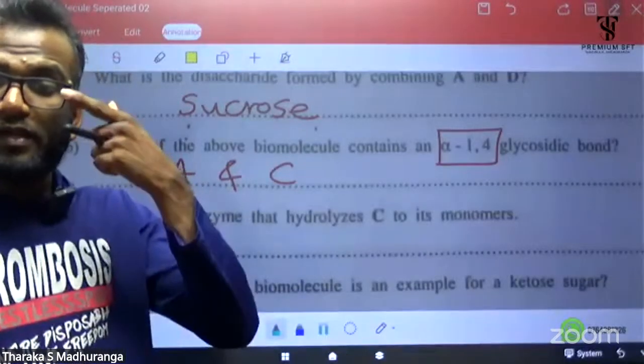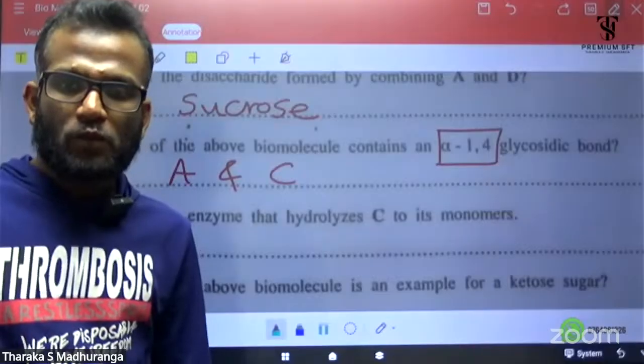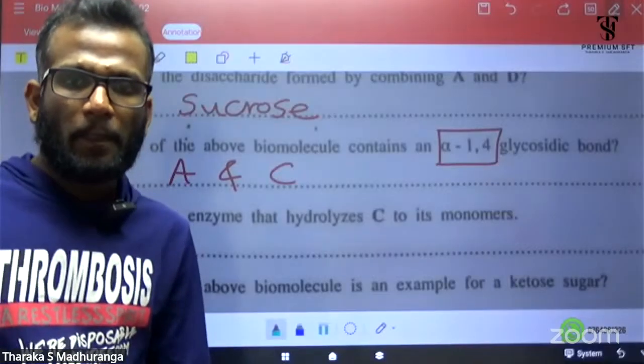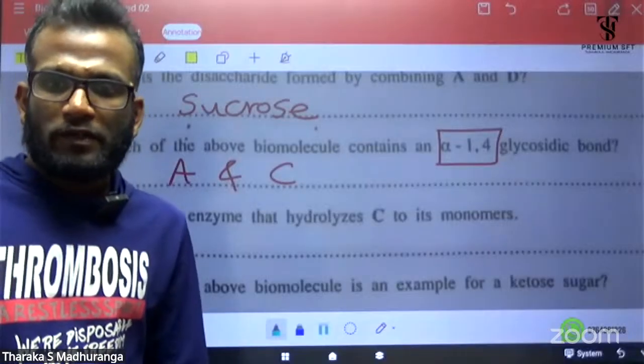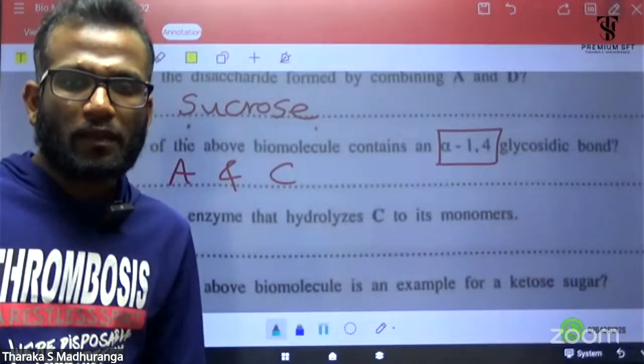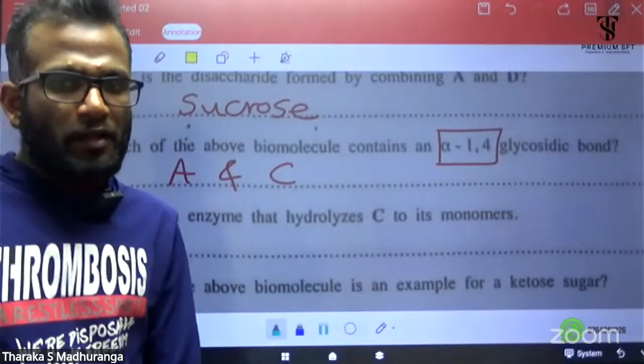How can we hydrolyze it into glucose? Kabir?